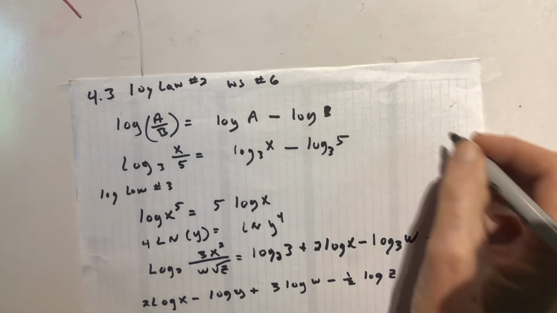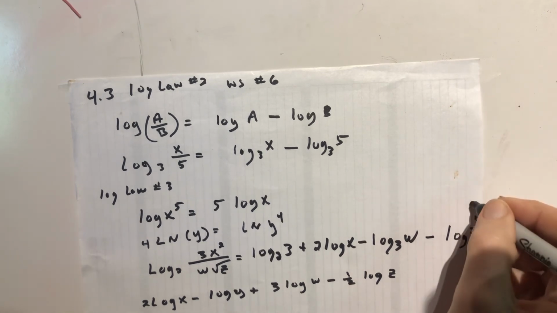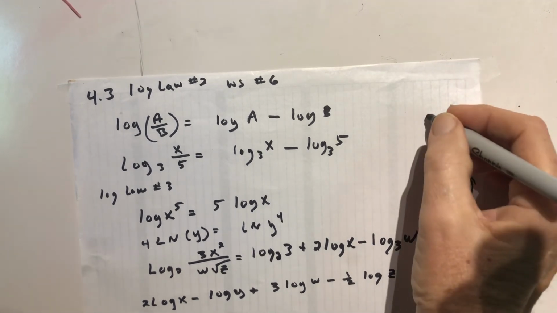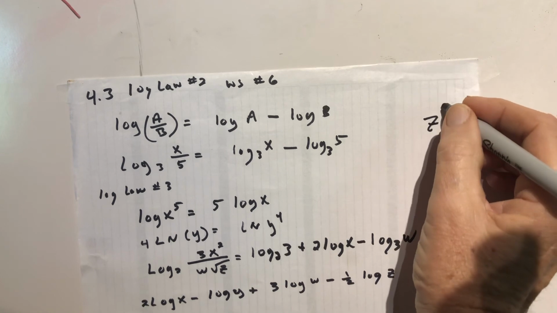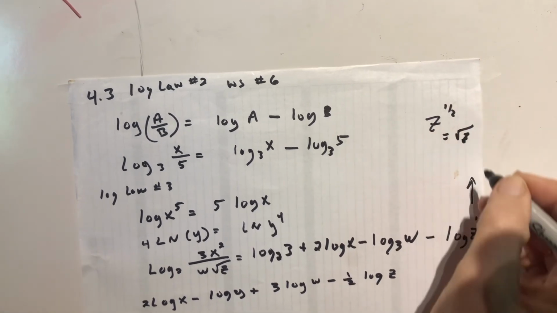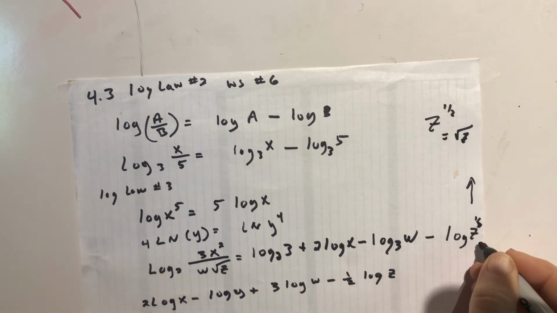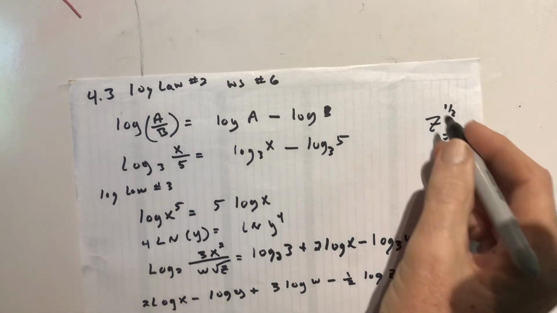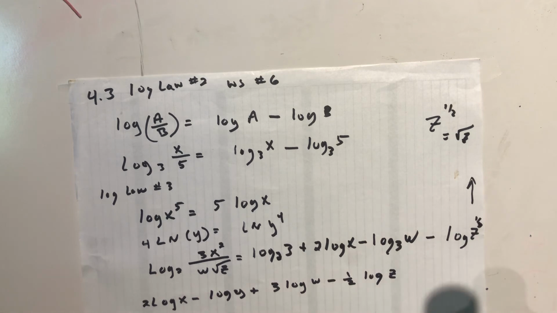That's a 1/2 there. I need to tell you something about that. Z to the 1/2 is the same thing as square root of z. You could have written square root of z and I would have counted that right. So it's either z to the 1/2 or square root of z.